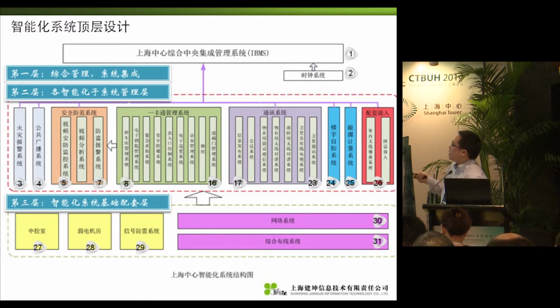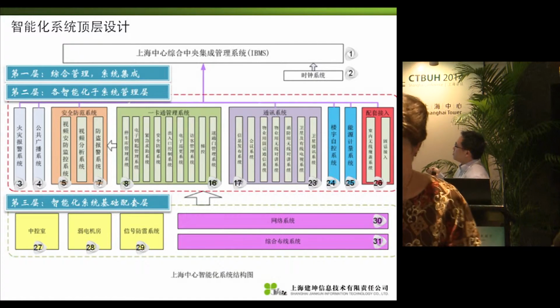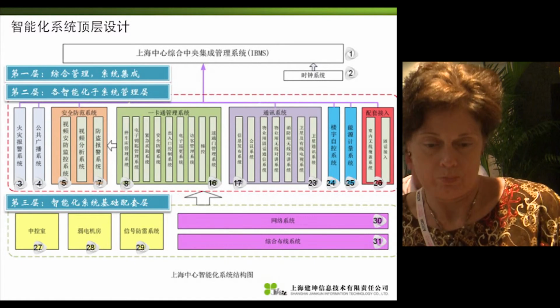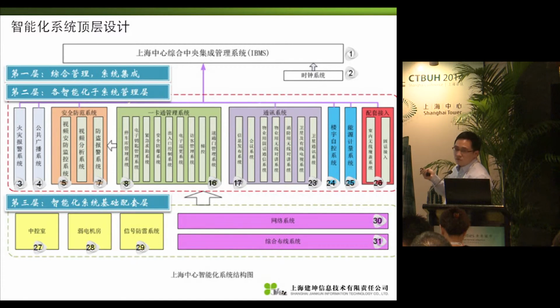we have the server room and the network system, and also the cabling system in this layer. The 2nd level is our subsystem management layer, including our fire and alarm system and broadcasting, and also the safety and all-in-one card system, communication system, and also the automatic system, and other supporting systems.